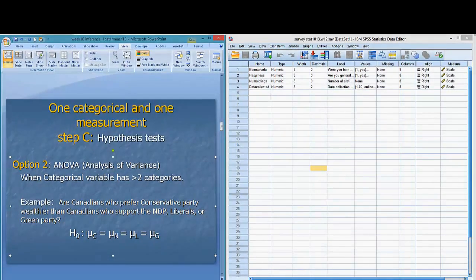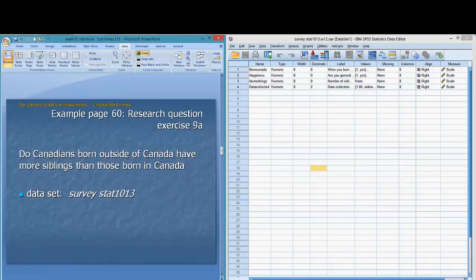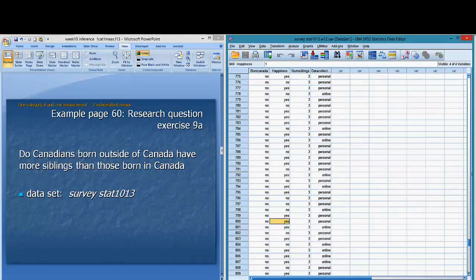assets of these Canadians. Let's look at comparison of means, which means we have one categorical variable with two categories and one measurement variable. We're going to open up the survey stat 1013 dataset, which I have here on the right side of the screen. There's the variable view, and here's the data view.